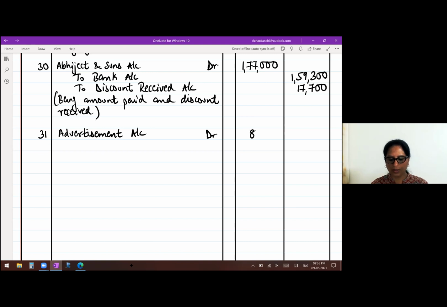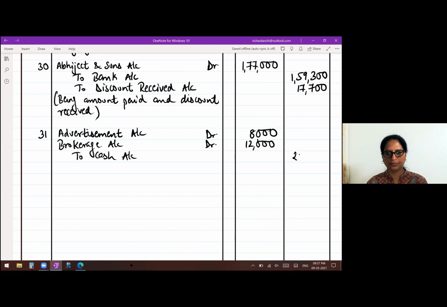Brokerage account debit 12,000. To cash account 20,000. Narration being advertisement and brokerage expenses paid.